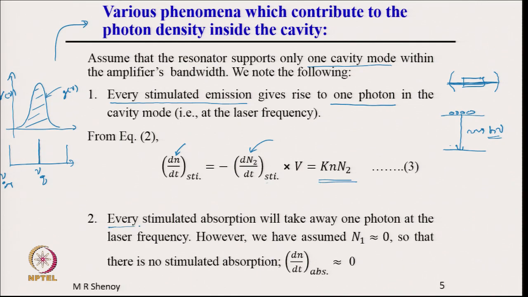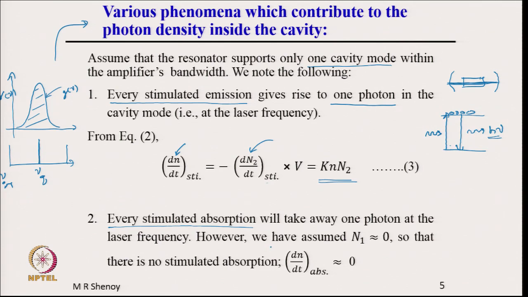Now, there can be stimulated absorption also. In general there is stimulated emission, but these photons can also be absorbed to make an upward transition. The photon which is present in the cavity can also lead to this.